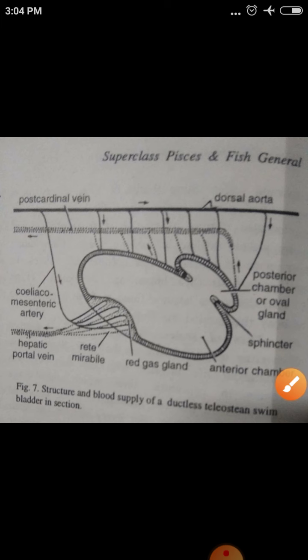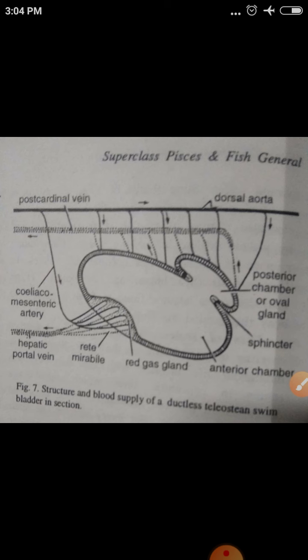Then there are some functions of the air bladder, and the most important function is respiration. In lower or intermediate fishes such as ganoids and lungfishes, the air bladder serves as a lung. These fishes come to the water surface regularly to gulp air.